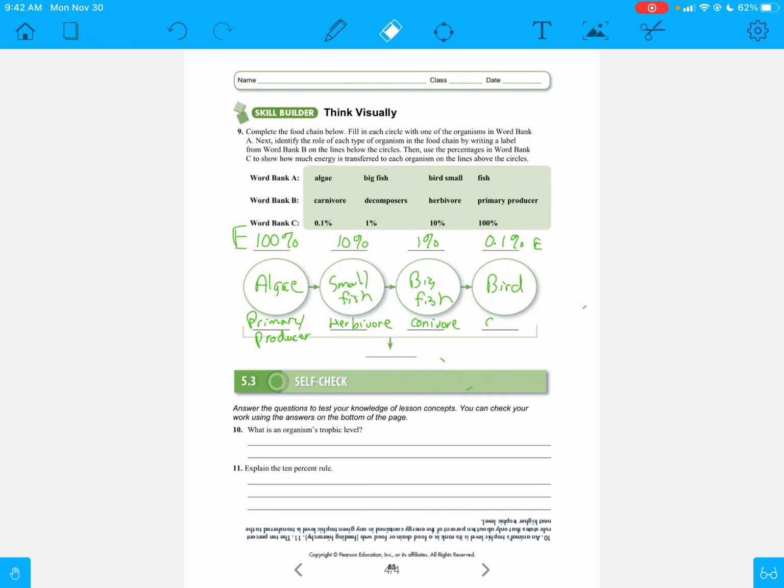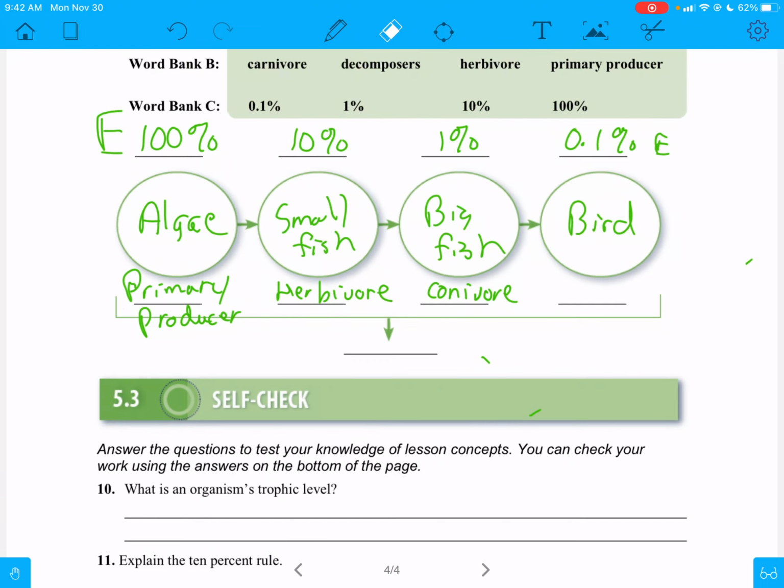Hold on. I think I have to. There's like a dead spot in my screen right there, and it won't write right there. So if I bring it up, now it does. Okay, there we go. And then finally, when all of these things die, they all get to meet the decomposers at the bottom. D-E-C-O-M-P-O-S-E-R-S, okay? So they get to meet the decomposers when it's all said and done.